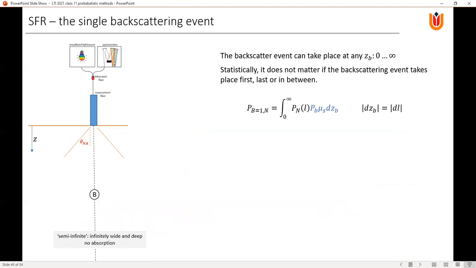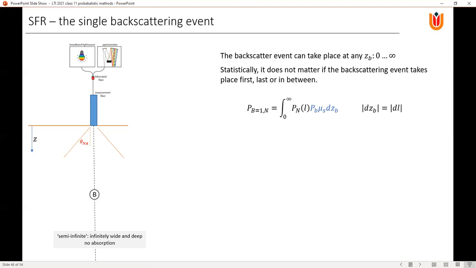The backscatter event is slightly more complicated, because it can also take place, of course, anywhere between 0 and infinity. So we assume that the photons travel along that line, and the backscatter event can basically move across this line. Statistically speaking, it does not really matter where it takes place.